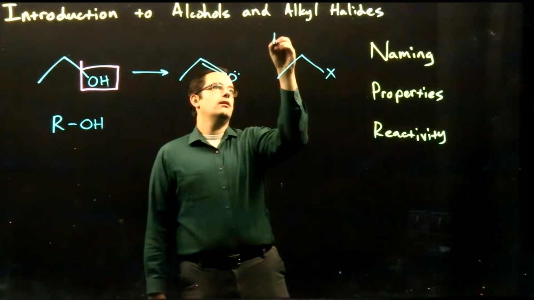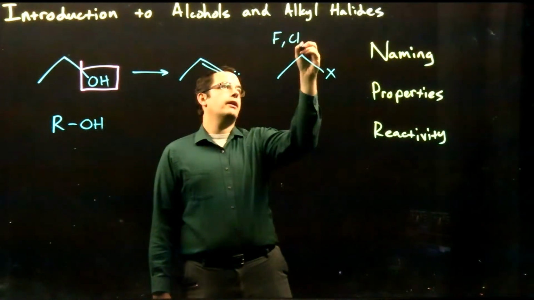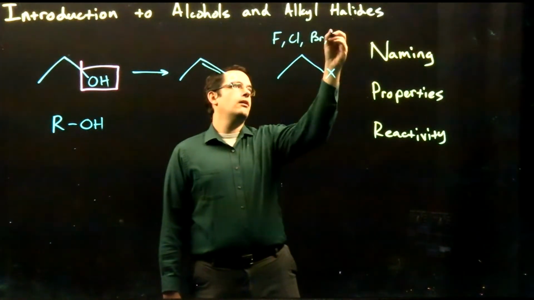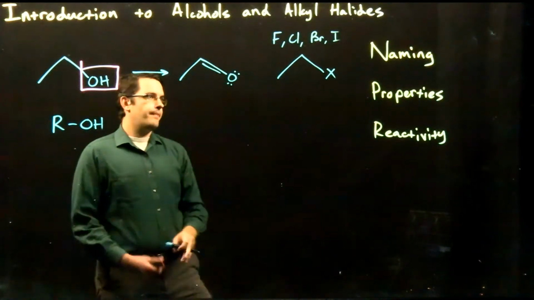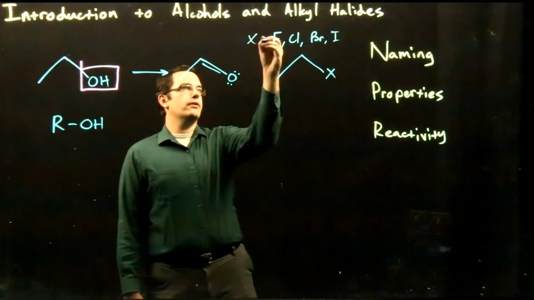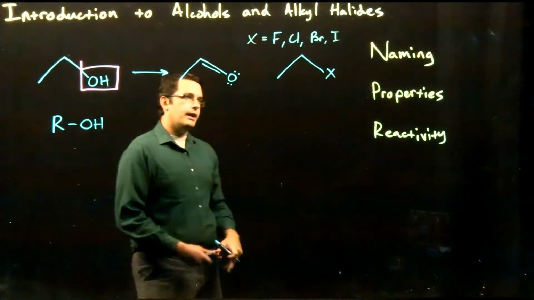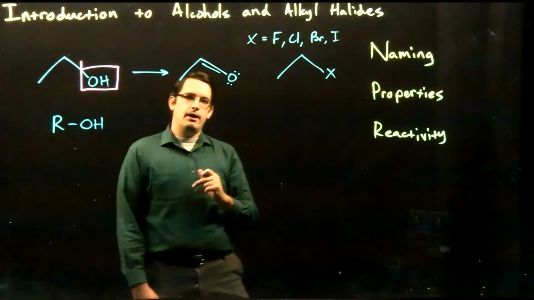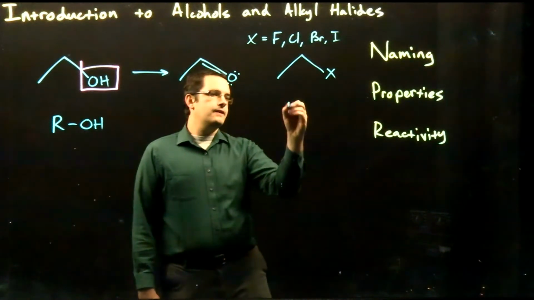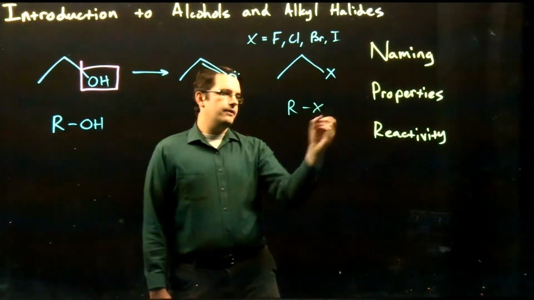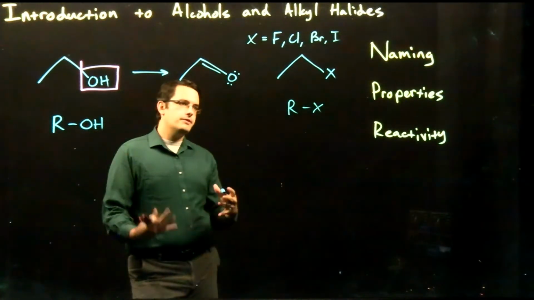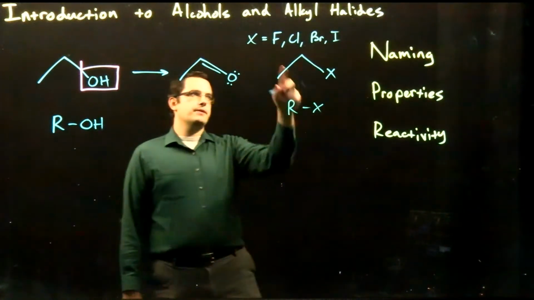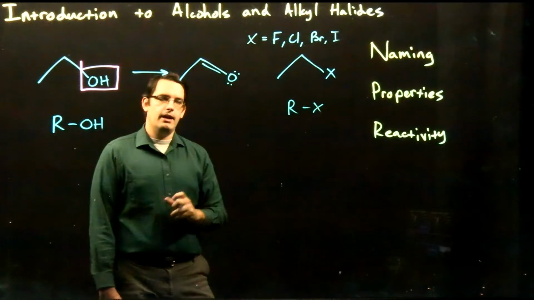This can be fluorine, chlorine, bromine, or iodine as our common halogens. So X could be any of those. And again, our carbon structure as well can vary here for our alkyl halides. So we can represent this as R, X, where R represents any kind of carbon structure, and X represents one of our four common halogens.